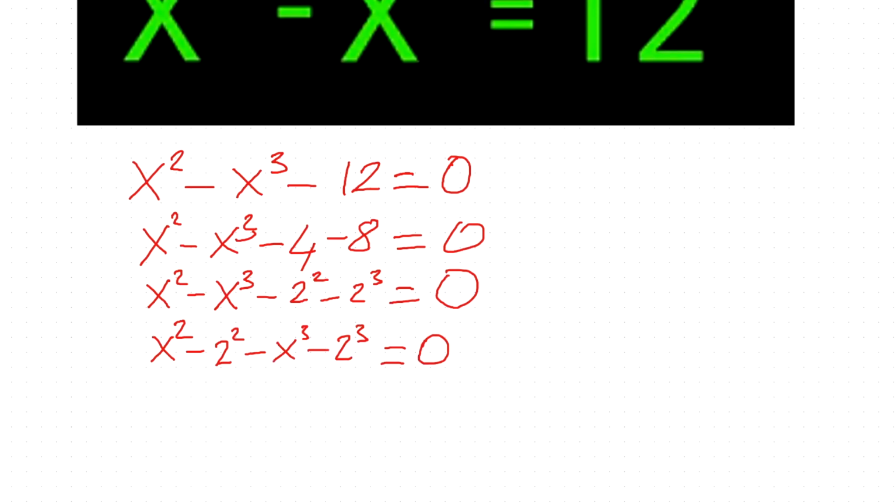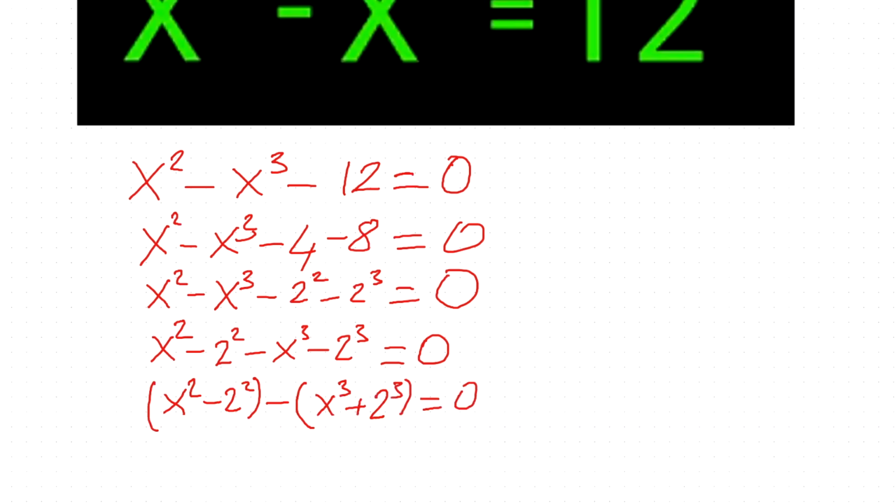We have here x squared minus 2 squared in parentheses, minus, in a second parentheses, x cubed plus 2 cubed, equals again 0.